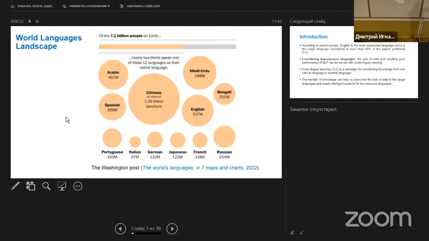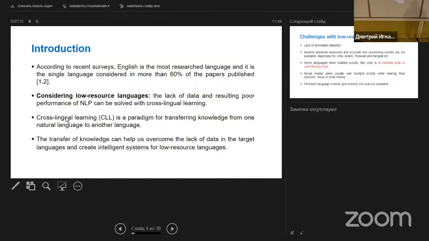So from this landscape, only English is a high resource language. All other languages are under-resourced or low resource languages. So it means, considering this landscape, the low resource or under-resourced languages dominate. But usually, people are producing papers mainly in English.